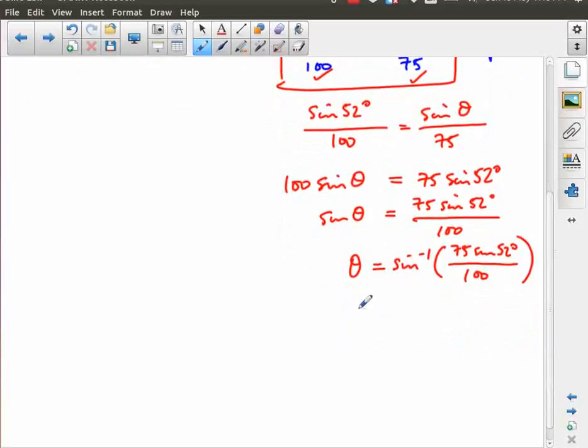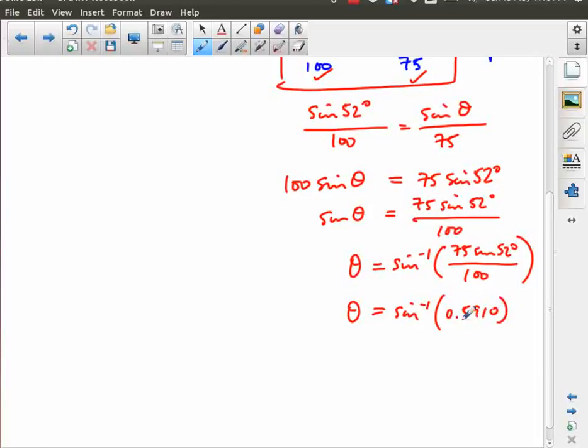And I've done that because I want to be prepared to do the whole thing in my calculator if I can. Now I'm actually going to do this in two steps, just so you can see. So I'm actually going to do this part first, the part in the bracket. And even though I'm going to write it down here, I'm actually going to keep all these digits in my calculator. So I'm going to do 75 sine of 52, and I'm going to divide that by 100. And I end up with the sine inverse of 0.5910.